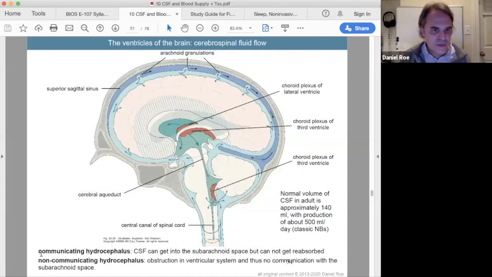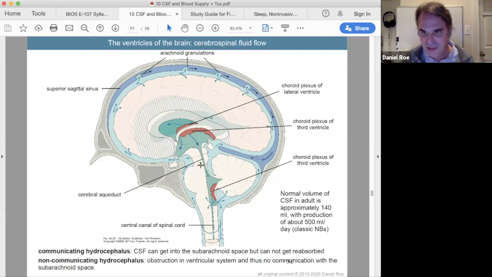Here we distinguish between communicating hydrocephalus, where CSF can get into the subarachnoid space, but it's not getting reabsorbed, or non-communicating hydrocephalus, where you can have obstructions. Like you can have an obstruction of the cerebral aqueduct, for example, and it causes a buildup of CSF that can't get through. And so you can have an increase in the size of the lateral ventricles and the third ventricle.